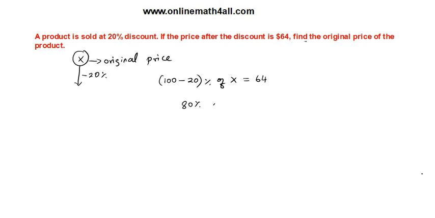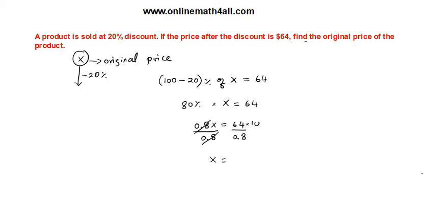80 percentage times X is equal to 64. 80% can be written as 0.8, that is, 80 divided by 100 is 0.8, so 0.8 times X is equal to 64. My aim is to solve for X, which is the original price. So I just divide both sides by 0.8. The 0.8 cancels out, and you get X equal to 64 by 0.8.